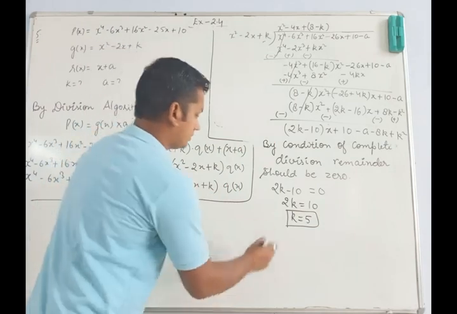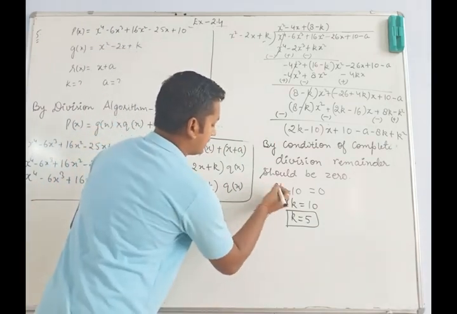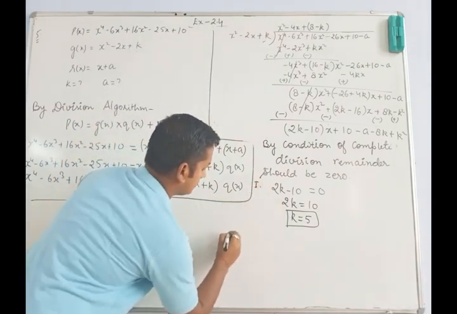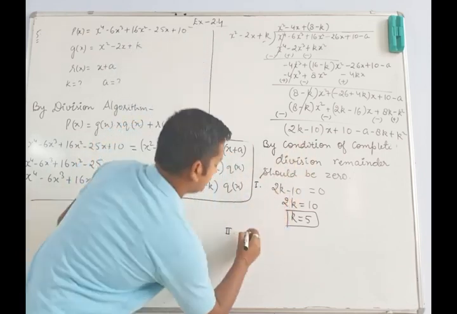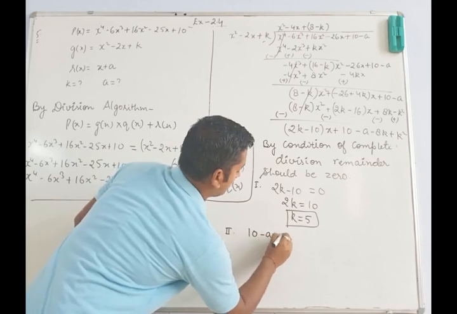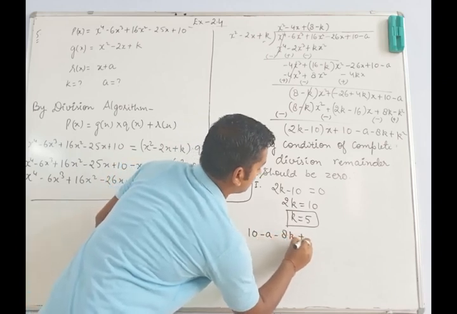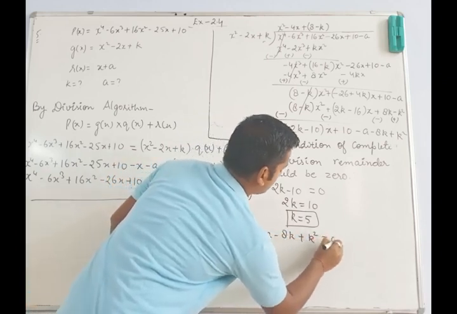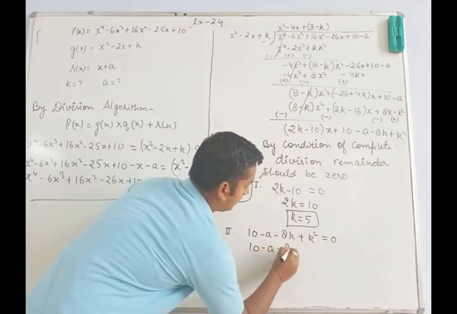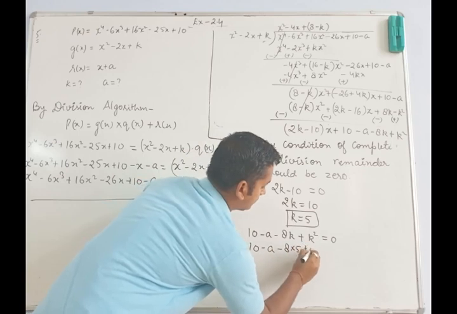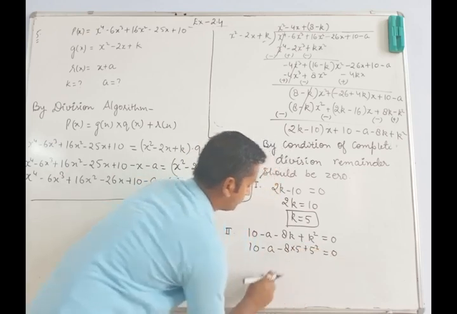Now this was the first one, for x. The second one: 10 minus a minus 8k plus k square equals 0. Now put the value of k over here: minus 8 into 5 plus 5 square equals 0.